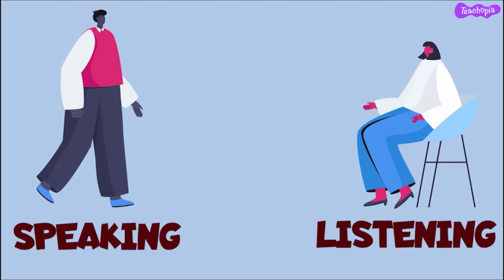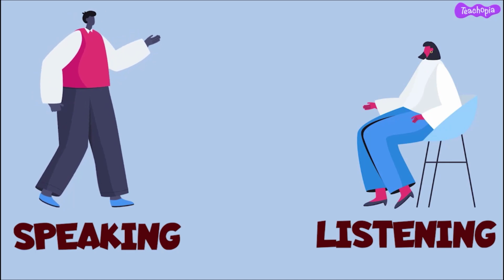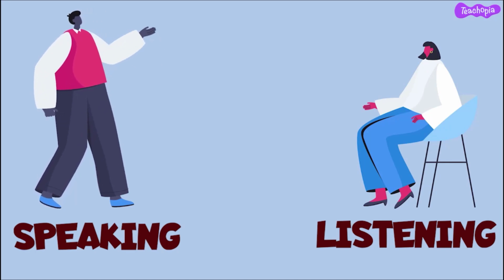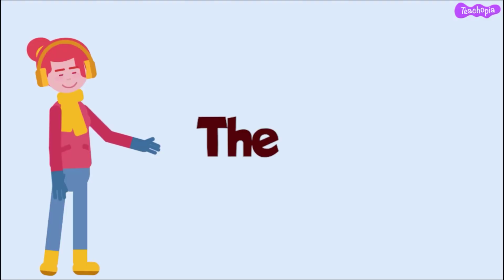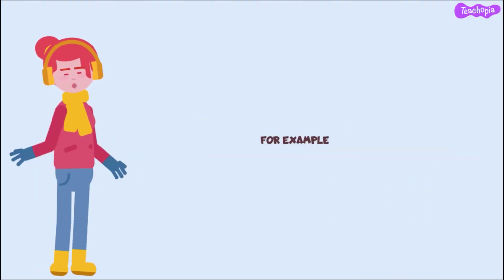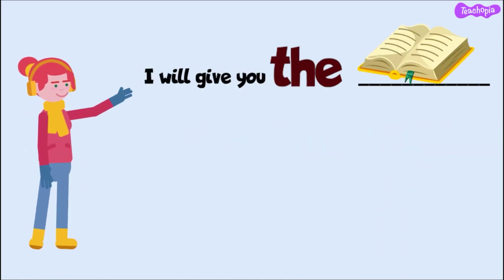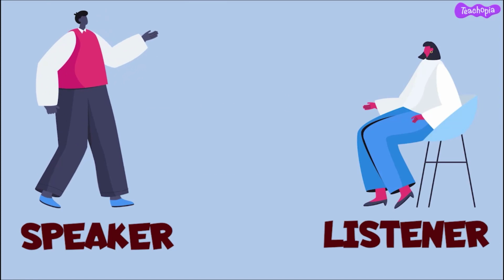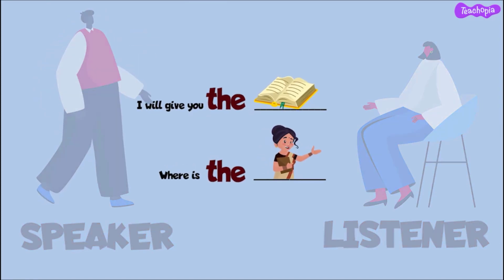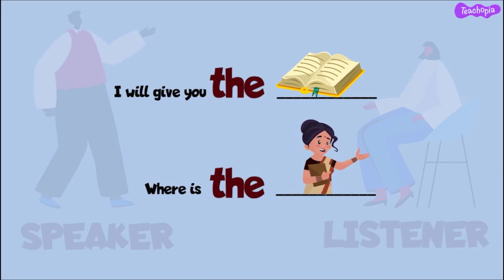This means that when the person who is speaking and the person who is listening both know the noun that is spoken about, the is used before the noun. For example, I will give you the book, or where is the teacher? Here, both the speaker and listener of the sentence know which book and which teacher they are talking about.